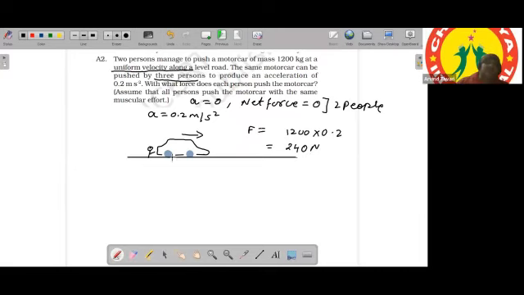That means, can you tell me what is the total force applied by the three people? What is the total force applied by all the three people? Smith, what will be the total force applied by all the three people?